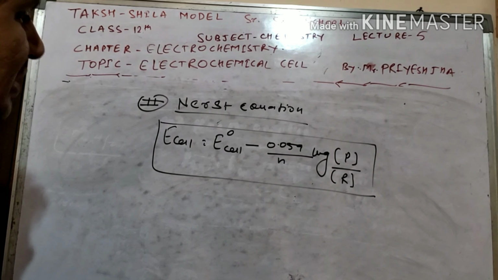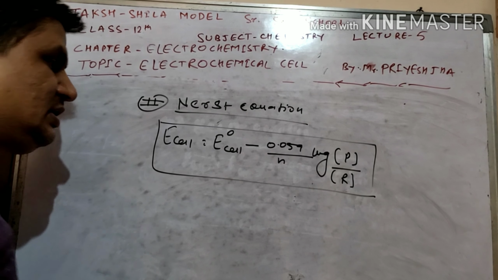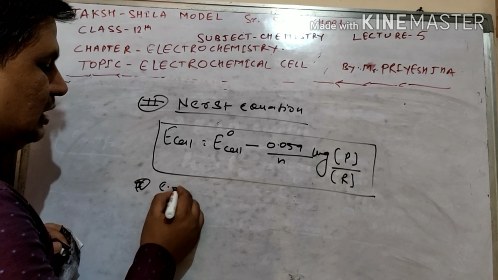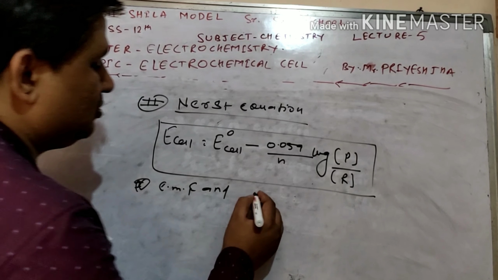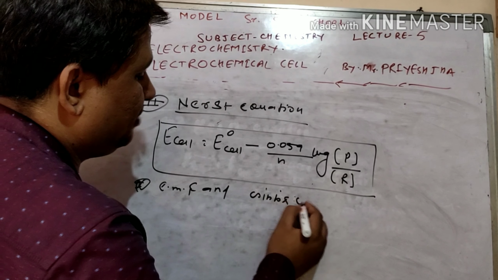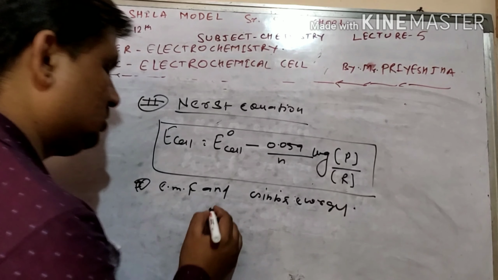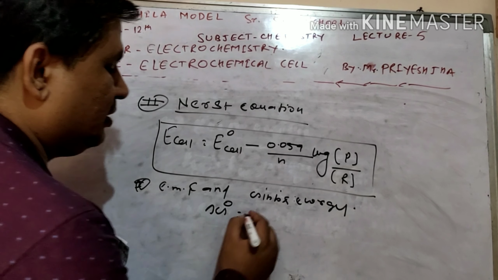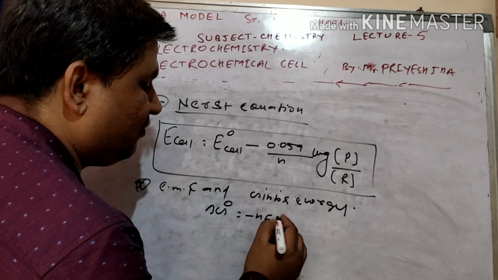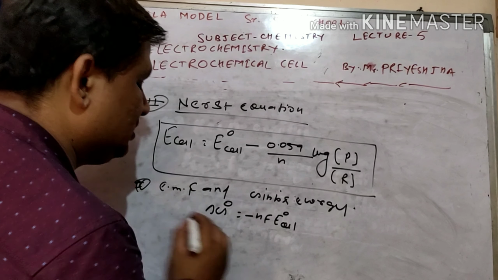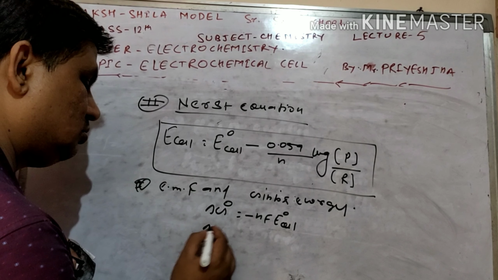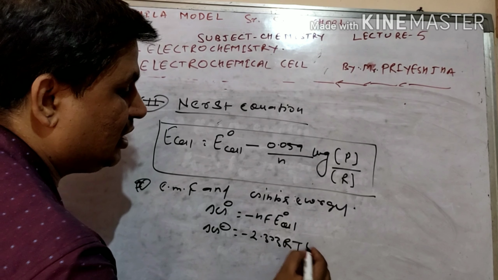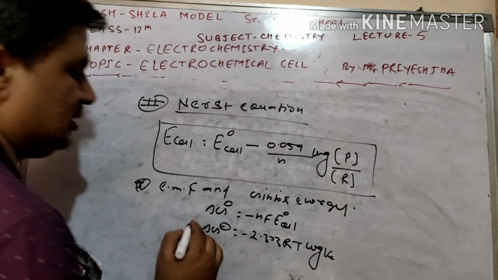Okay, and the next one is EMF and Gibbs energy. Generally, Gibbs energy can be calculated as delta G equals minus nF E naught of the cell, or delta G equals minus 2.303 RT log Kc.